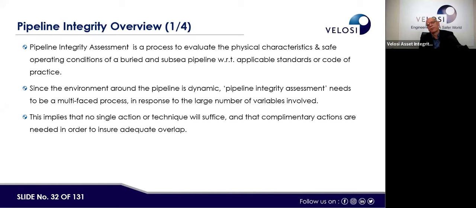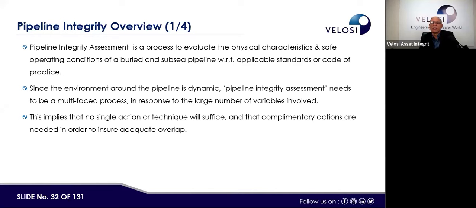So for the pipelines, the main threat comes from external, which could be third party damage as well, or environmental, weather related, or soil related. But at the same time, there are internal damages as well. So in general, there are NACE standards. We talk about ICDA and ECDA.